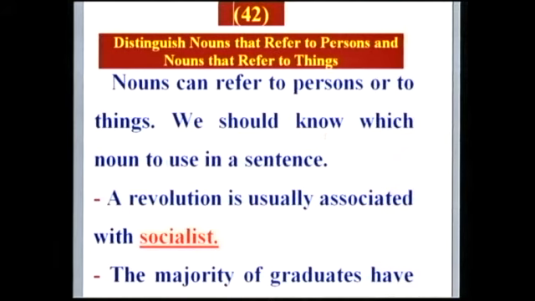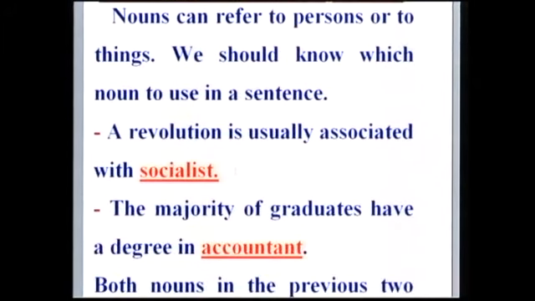We should know which noun to use in a sentence. أنا محتاجة إيه؟ اسم الإنسان ولا اسم الحاجة نفسها؟ طيب a revolution is usually associated with socialist. الاسم اللي بينتهي ب ist refers to the person. لكن if it ends with ism it refers to the thing.